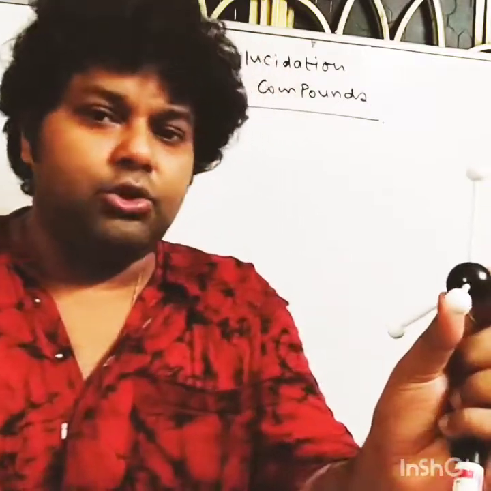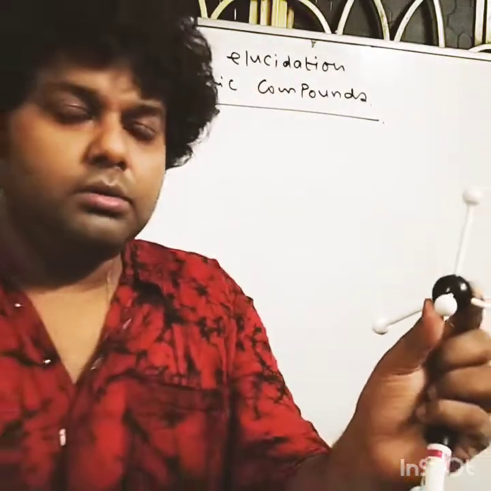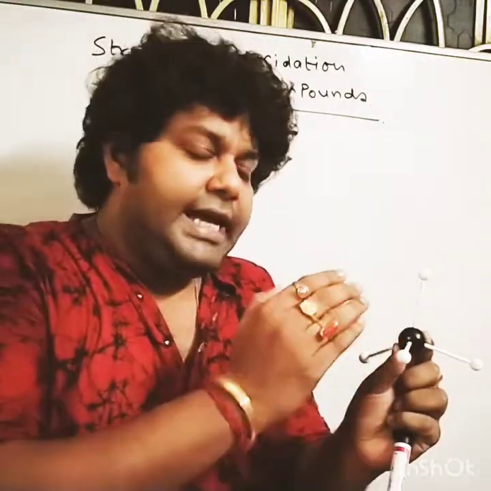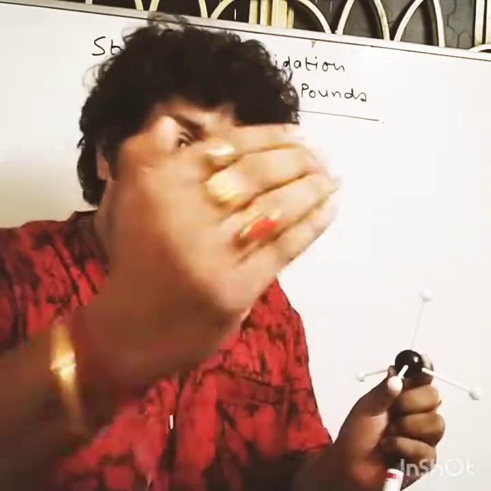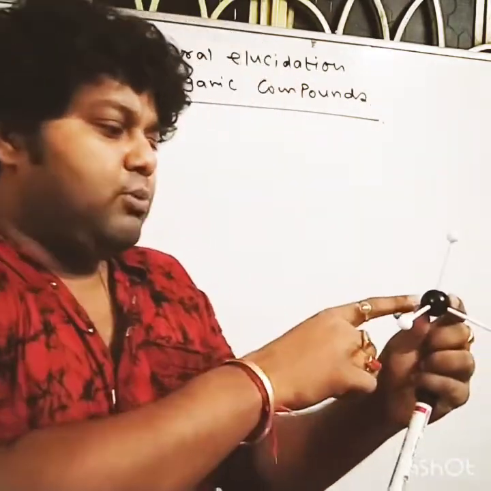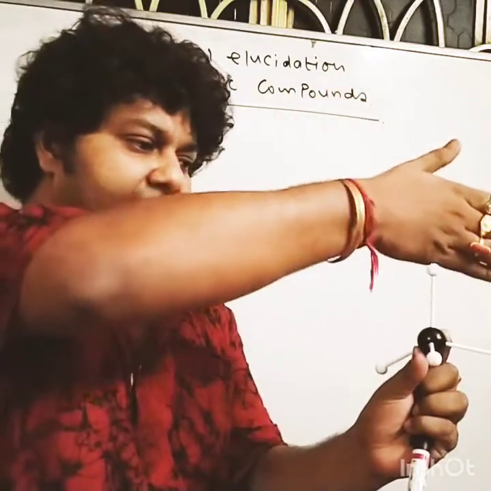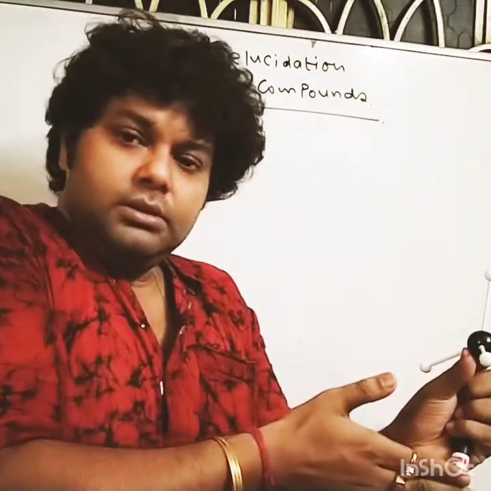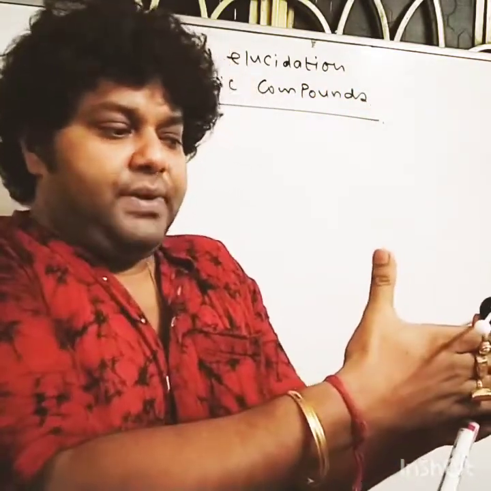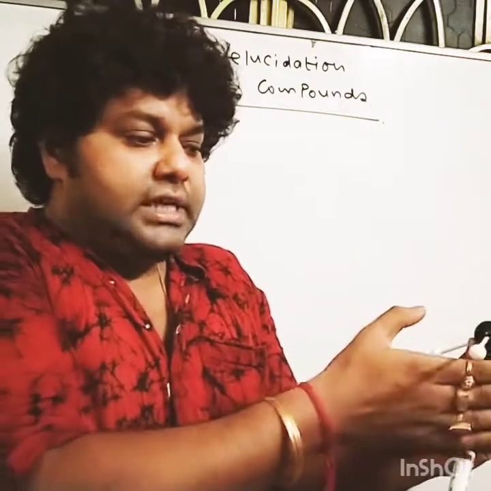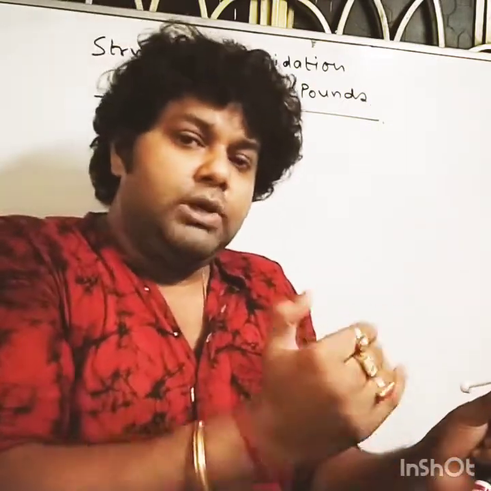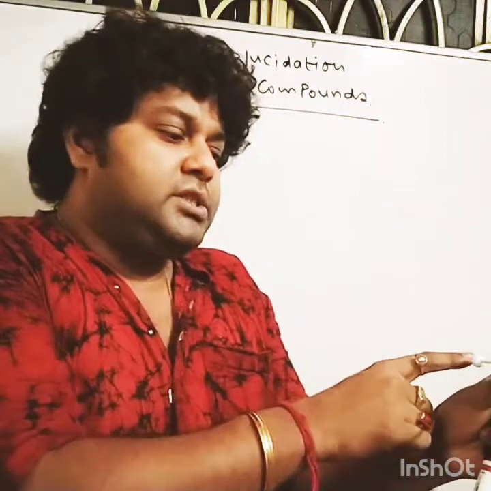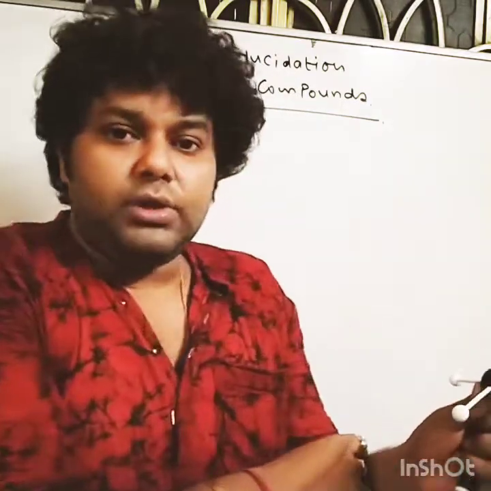That means this is above the plane towards the viewer, and this one is behind the plane. The plane is here. So this bond is coming behind the plane, and you are not able to see that because it is directed towards the whiteboard and not towards you.